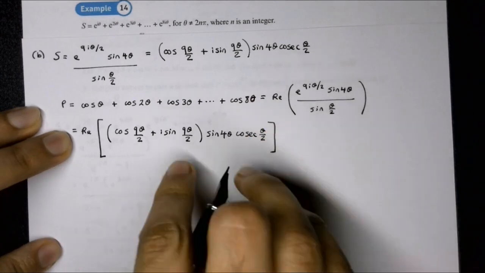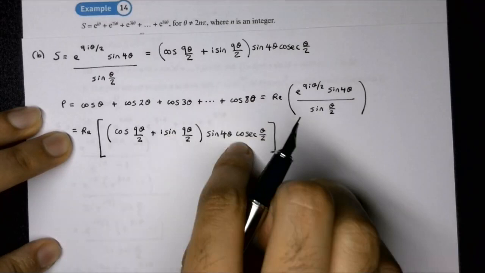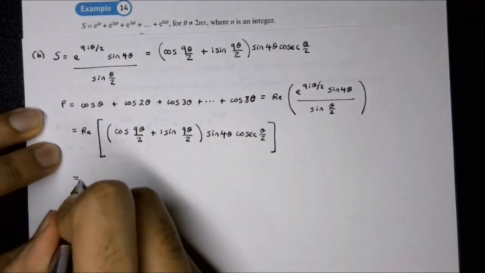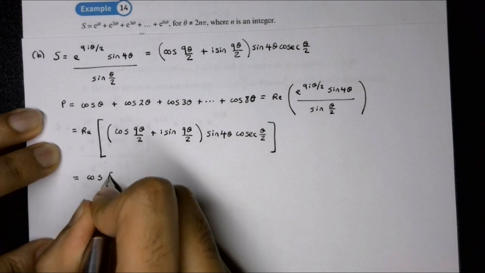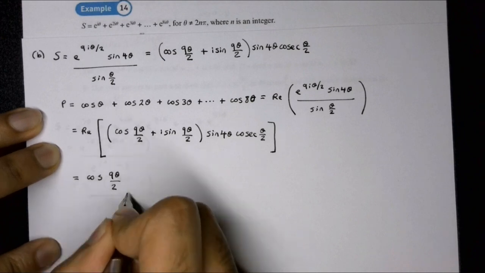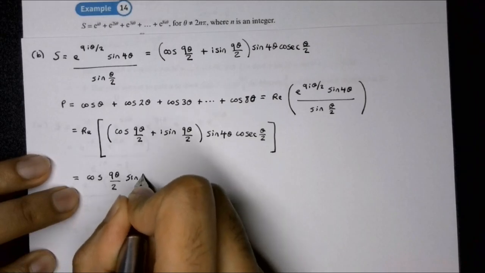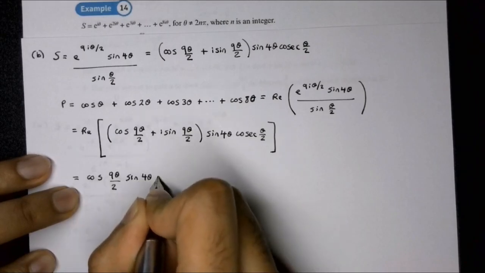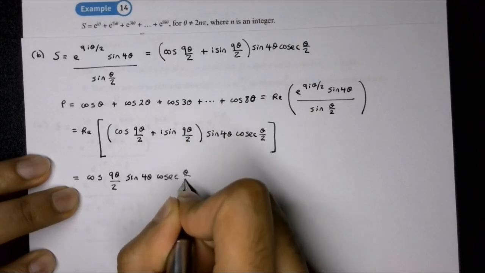Okay? So the real part, well, we're not going to include i times by this term, so the real part will simply equal cos of 9 theta over 2 times by sine 4 theta times by cosec of theta over 2.